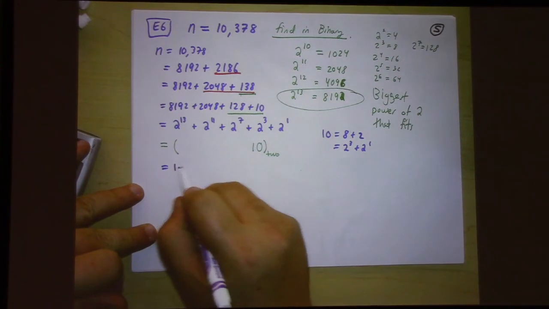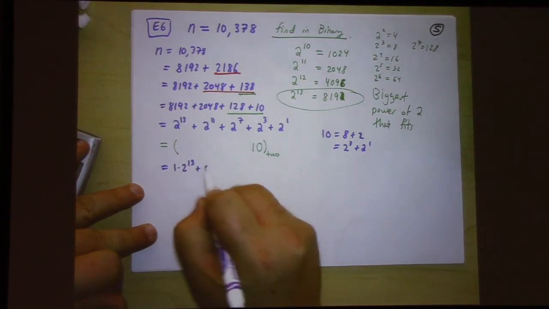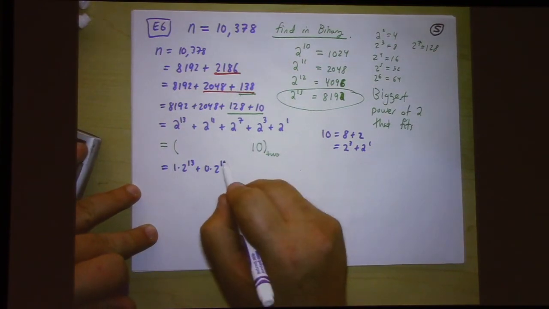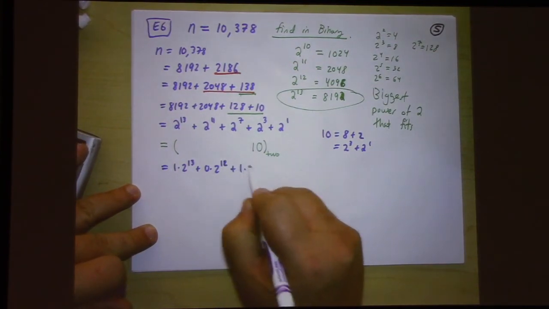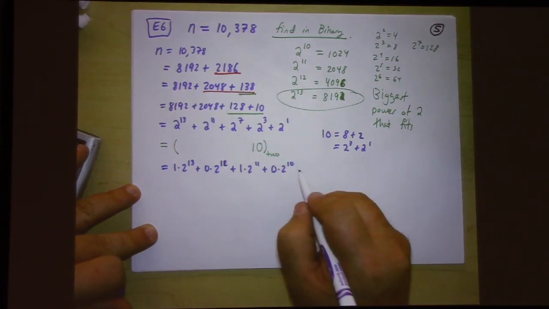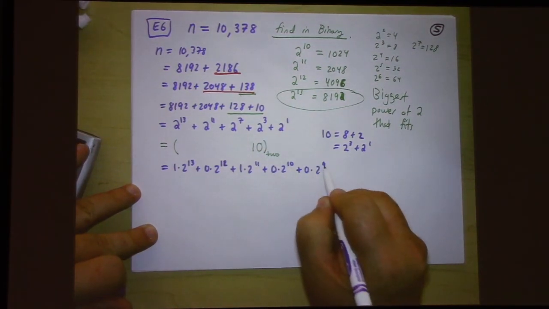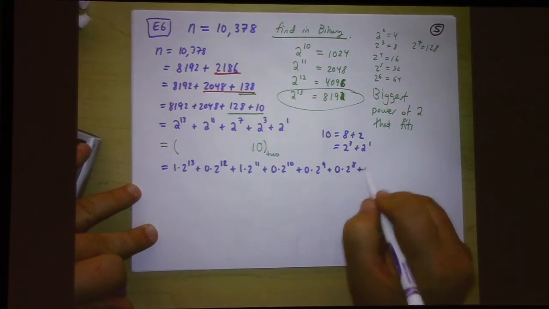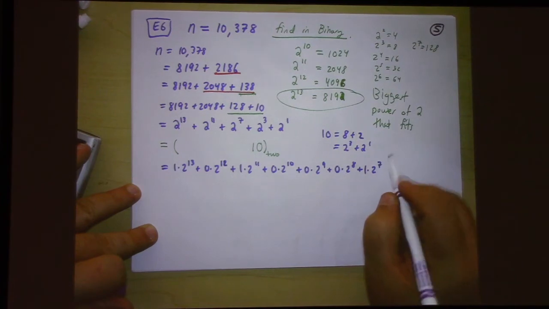So you have 1 times 2 to the 13th plus 0 times 2 to the 12th, right? Plus 1 times 2 to the 11th plus 0 times 2 to the 10th, plus 0 times 2 to the 9th plus 0 times 2 to the 8th plus 1 times 2 to the 7th. Why did I let you guys talk me into this?